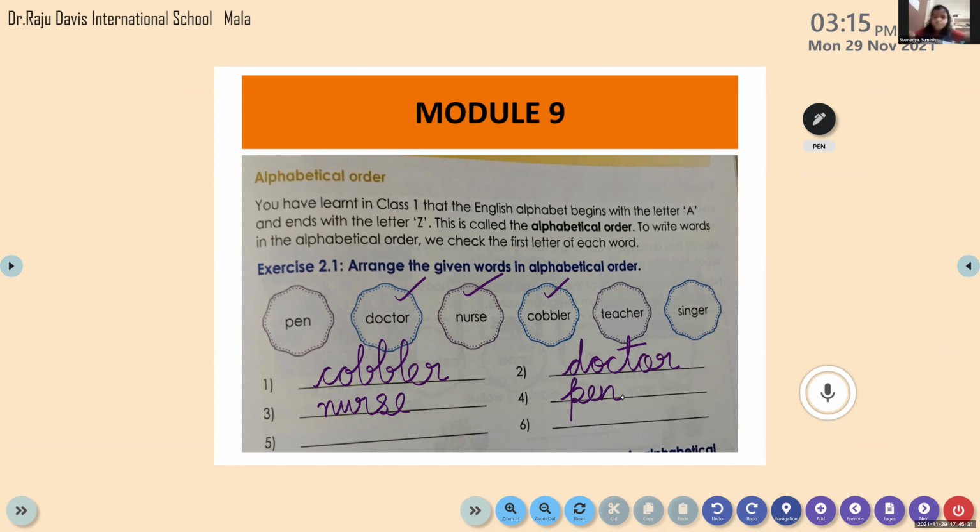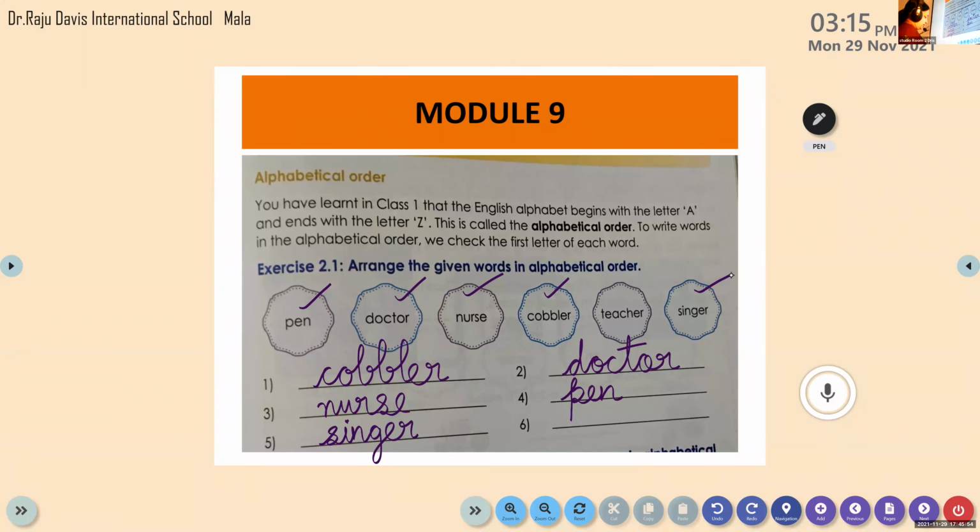Thank you. Prithvi, which word will come in the fifth place? Singer. Yes. Spelling? S-I-N-G-E-R, singer. Thank you. Nanik, unmute.